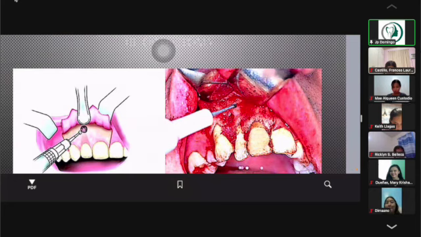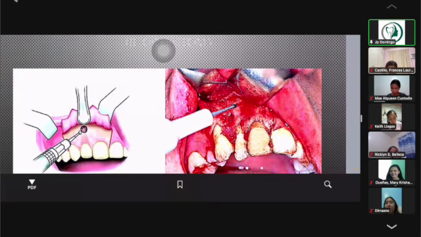Okay? So the bone covering the root tip is removed peripherally with a round burr, okay, with a steady stream of water as our irrigation or with normal saline solution.